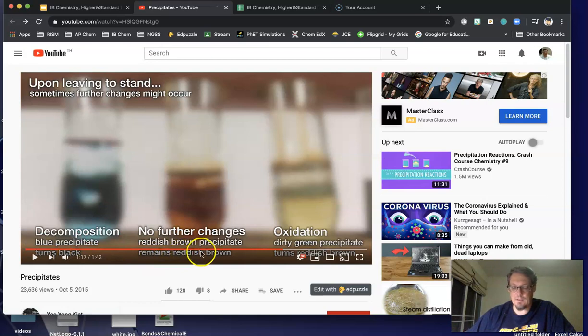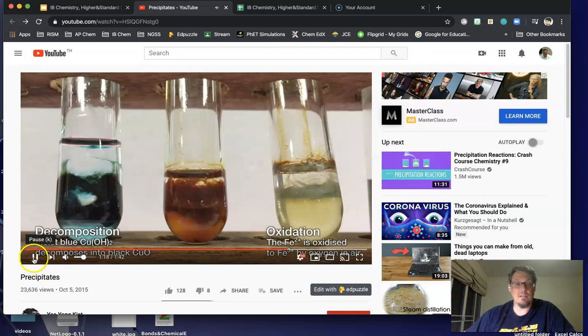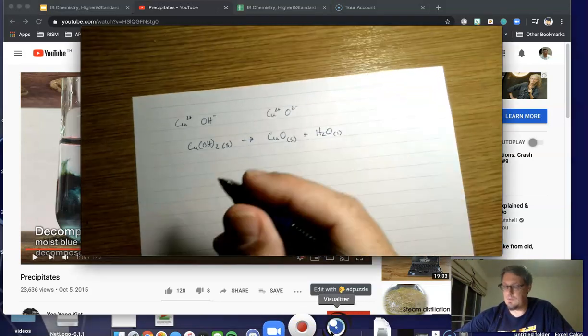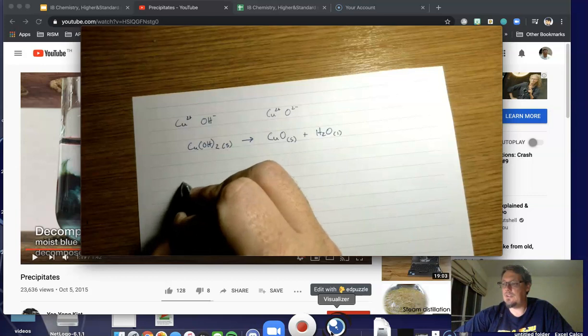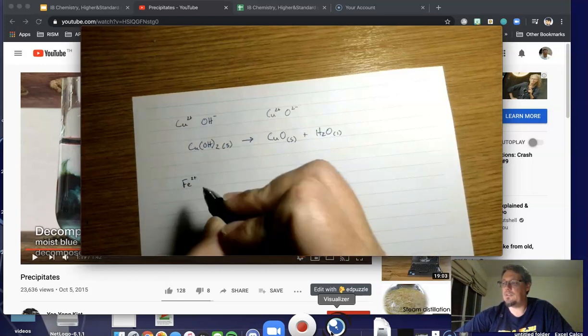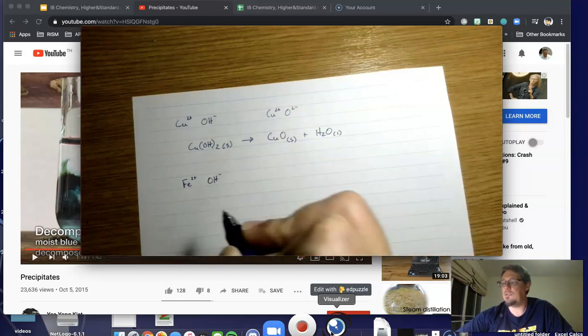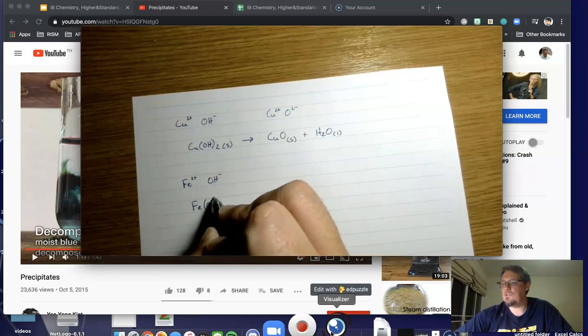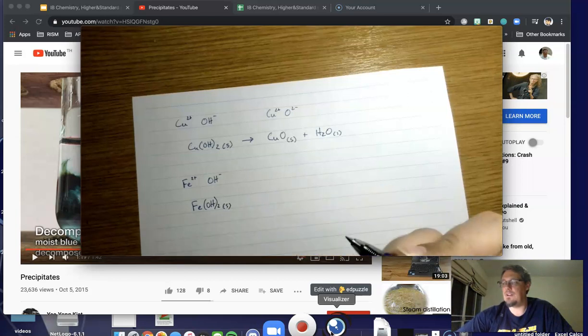When it does this, it reacts with oxygen from the air, in this reaction here. We have our iron 2 hydroxide. So iron 2 is Fe2 plus. Again, hydroxide is OH minus. Combining those, we get Fe(OH)2, and that is a solid.